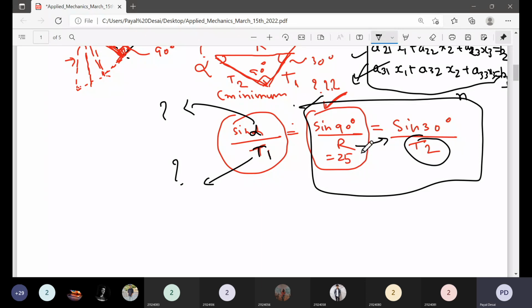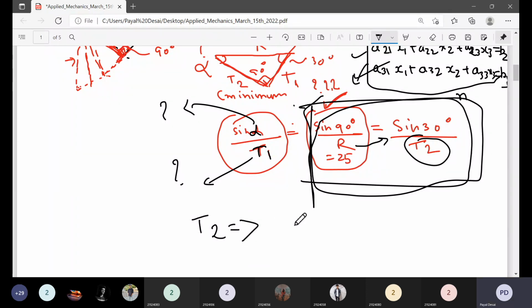So finally we are going to use this equation, these two pairs, to get the value of T2 first. So T2 will be something, I may write T2. Ma'am, 12.5. Yes, very good. T2 is 12.5.